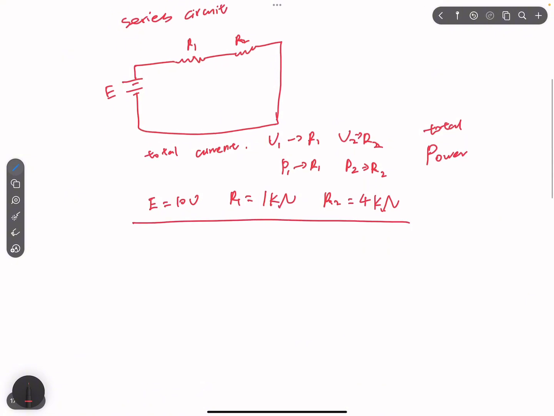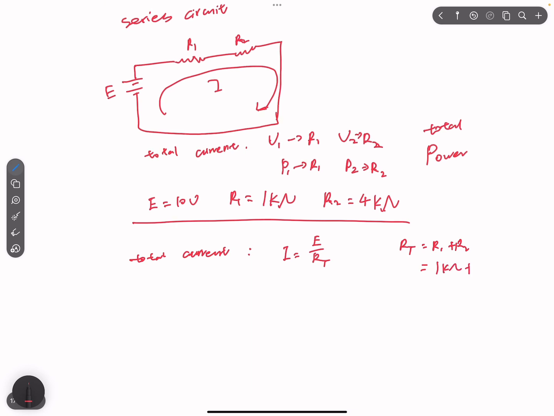Since they are in series, the current flow is all the same. There's only one branch. So the total current, if we use Ohm's law, I equals E over RT, where RT equals R1 plus R2, which gives us 1 k ohm plus 4 k ohm equals 5 k ohm.